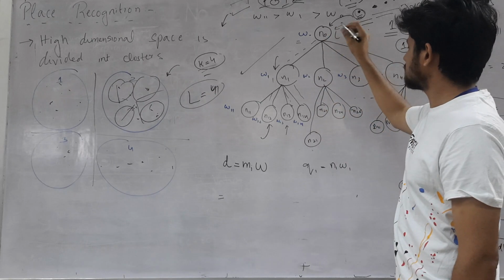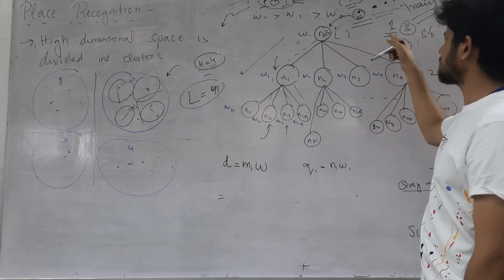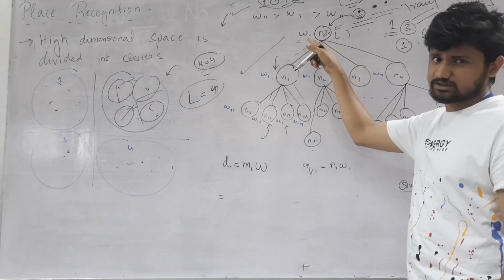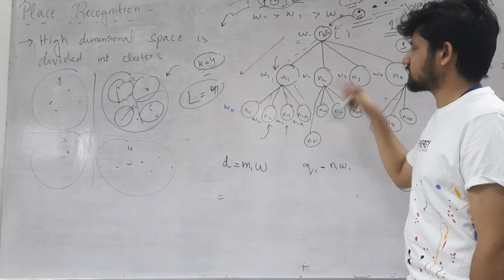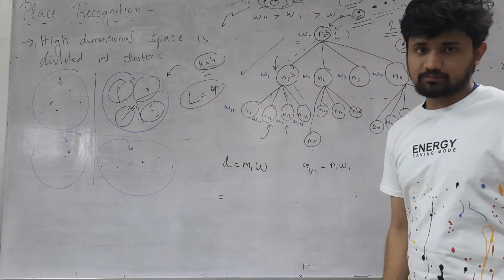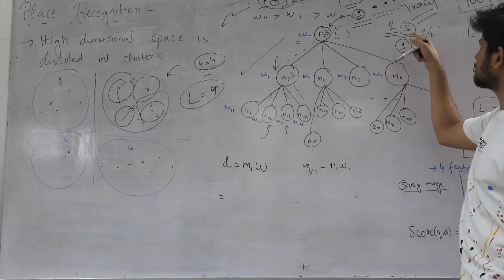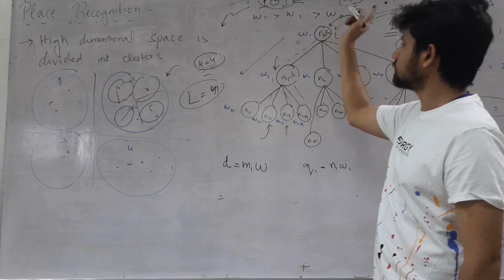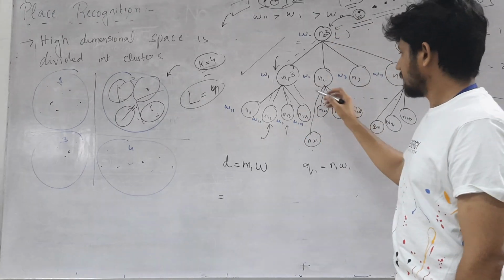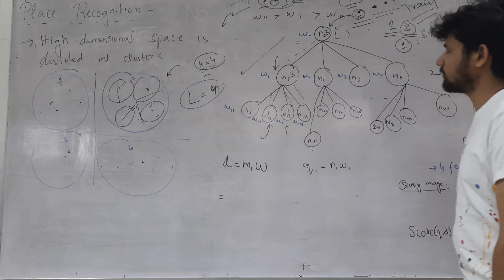So let's say this is visited 3 times. Obviously every descriptor started from this node when it was finding its way up. Similarly, this was again visited 3 times when you were adding 3 descriptors of this new image into this tree. And similarly, this was visited 1 time.